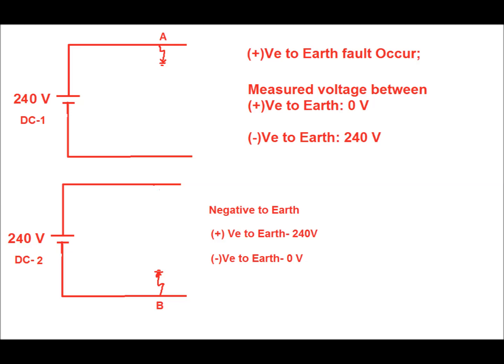Now in source 1, that is DC1, if a solid positive to earth fault occurs, then the voltage between positive and earth comes to 0 volt and negative to earth comes to minus 240 volt. Similarly, if a solid negative to earth fault occurs in the DC2 source system, then the positive to earth voltage comes to 240 volt and the negative to earth voltage comes to 0 volt.